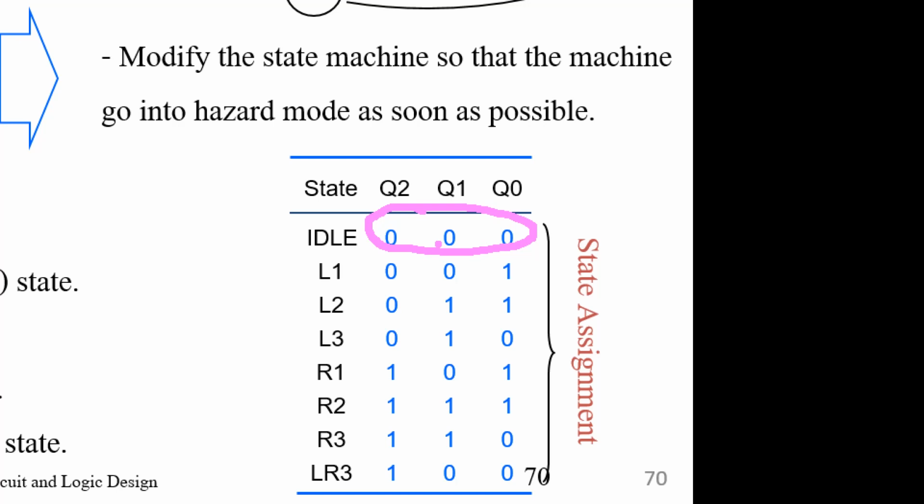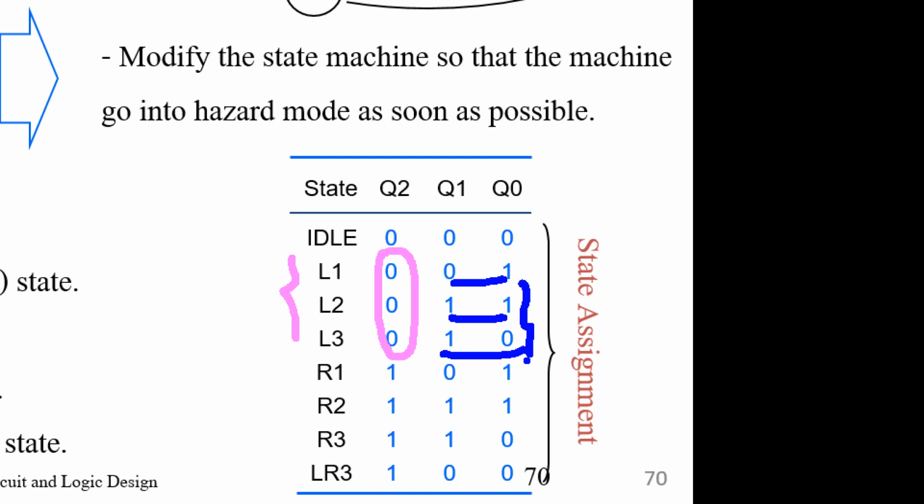Let the value of state variables Q2, Q1, Q0 be 0, 0, 0. For L1, L2, L3, it's beginning with 0, and this is 0, 1, 1, 1, 1, 0, gray code order.